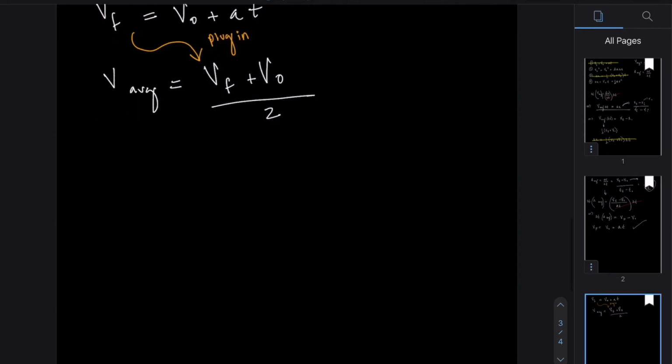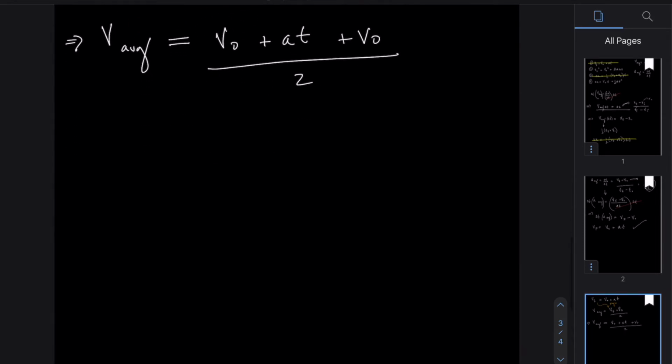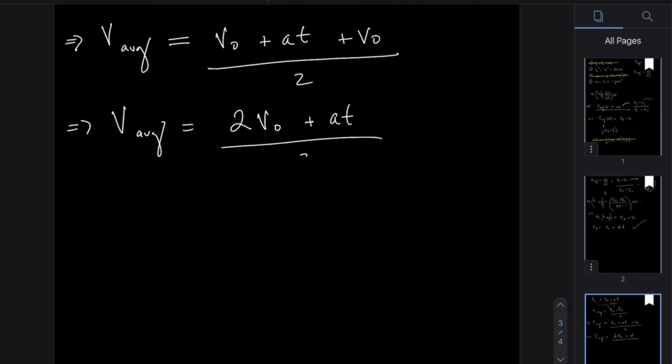And what you're going to get is that the average velocity is equal to initial velocity plus acceleration times time plus initial velocity, over 2, right? And if we were to combine like terms, we're going to get that 2 times the initial velocity plus acceleration times time, over 2, is equal to the average velocity, right?